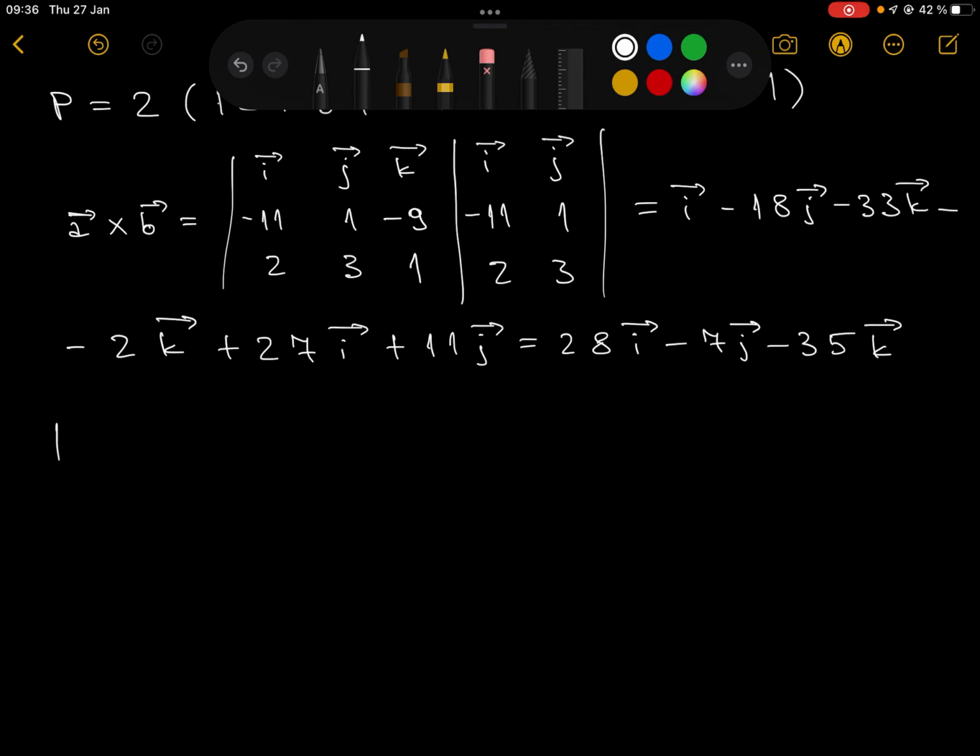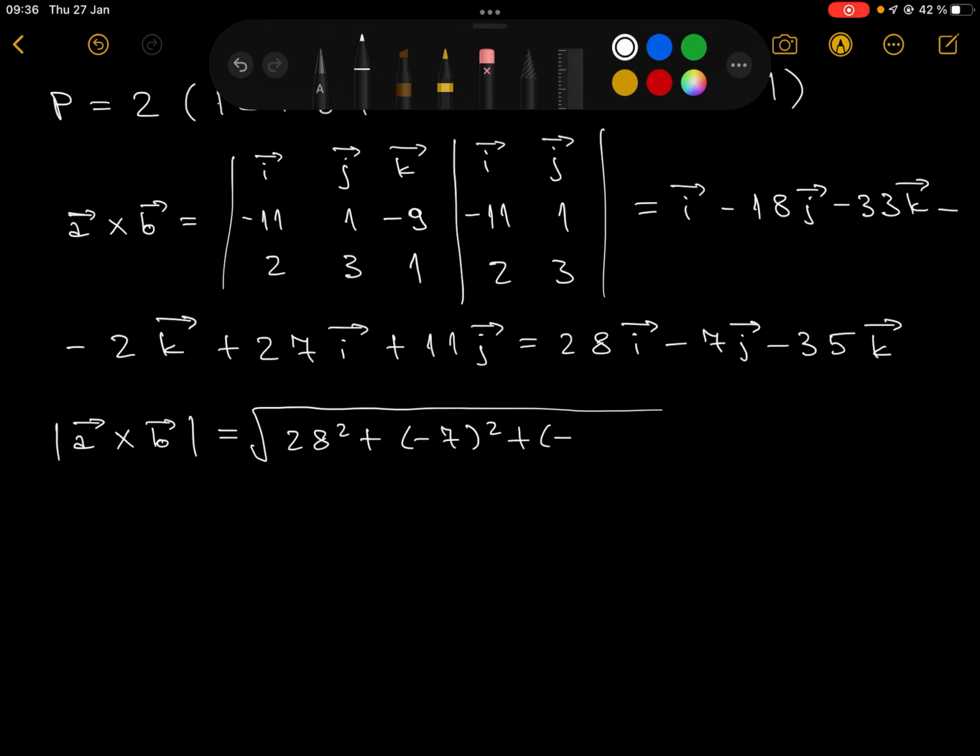Okay, now as for the intensity of this vector, its intensity is going to be equal to the square root of 28 squared plus minus 7 squared plus minus 35 squared, which is the same as, I'm just going to calculate it very quickly.